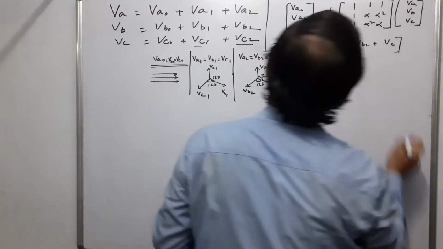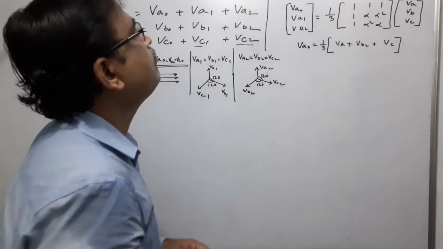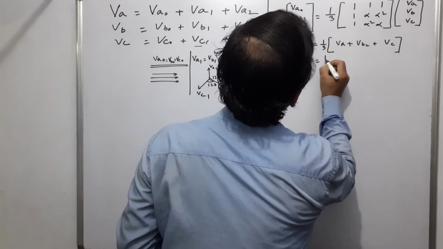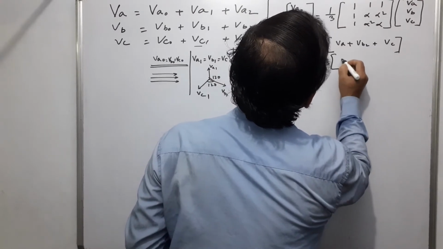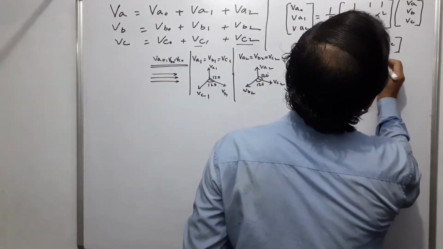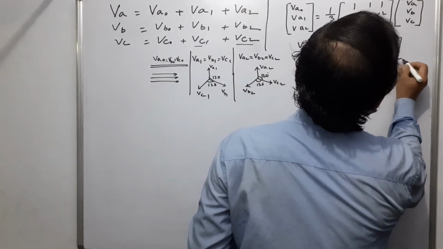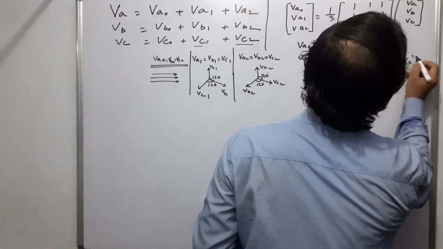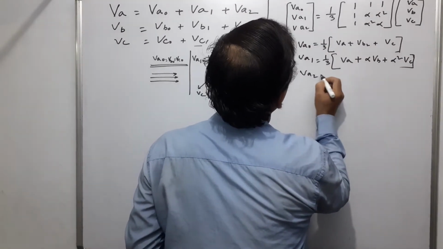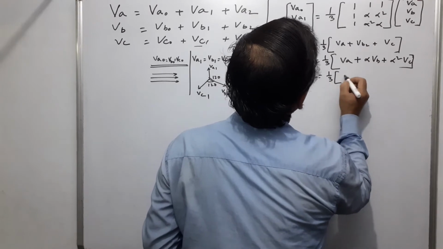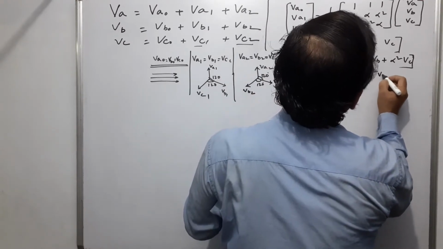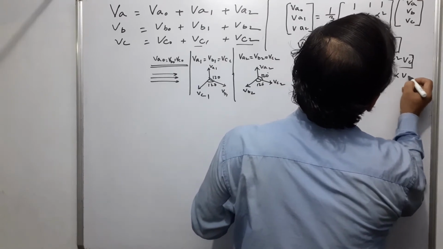VA1 is equal to 1 by 3 times VA plus alpha VB plus alpha square VC, and VA2 is equal to 1 by 3 times VA plus alpha square VB plus alpha VC.